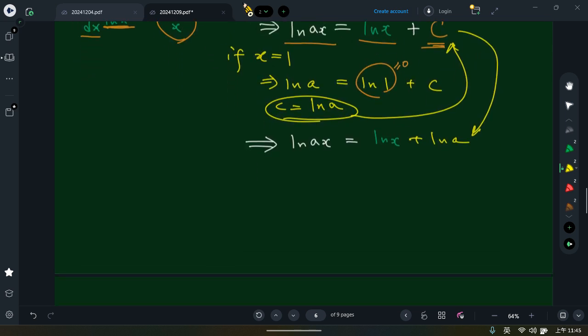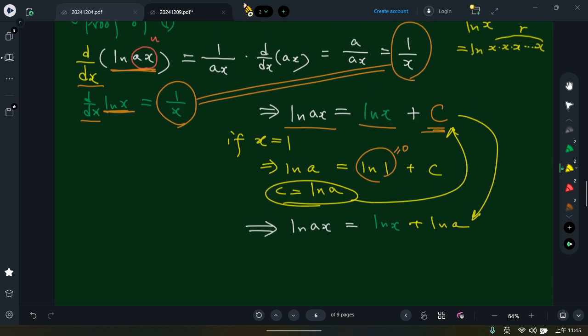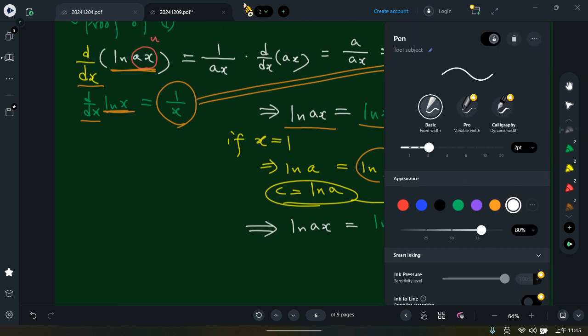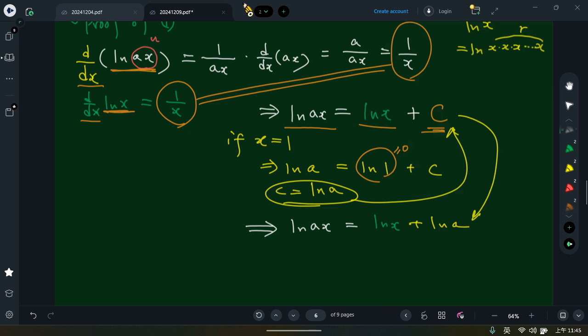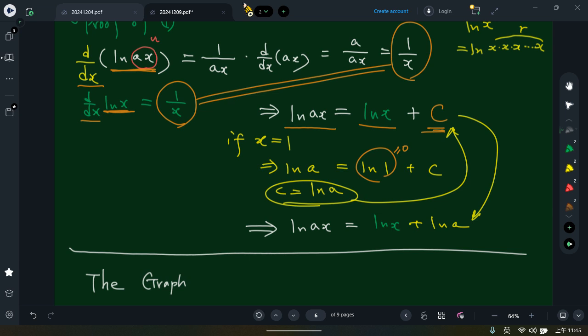Okay. So right now we already know some properties about ln x. Then we are trying to get its graph. So the following, we are trying to get the graph and its range of ln x when x is positive.